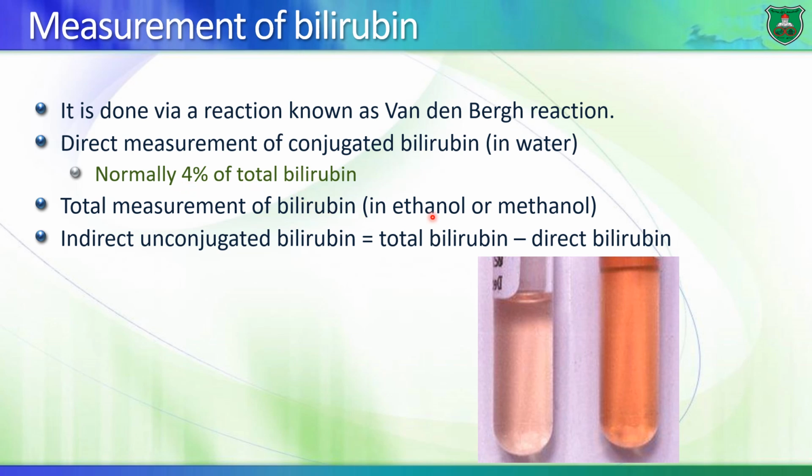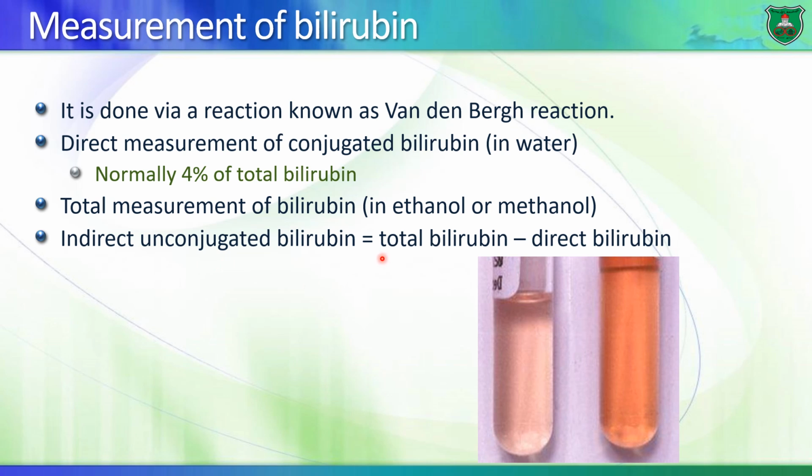Now, if it is done in ethanol or methanol, these two solvents would allow for bilirubin to be soluble, and it can be measured. So what you have in here is that you're measuring all bilirubin molecules in a sample in order to know the concentration of the unconjugated bilirubin, which is known as indirect bilirubin.